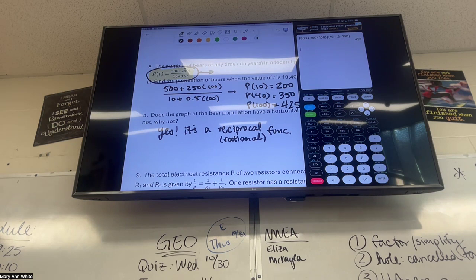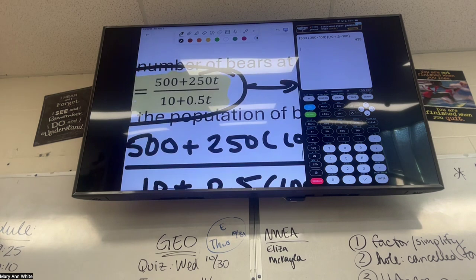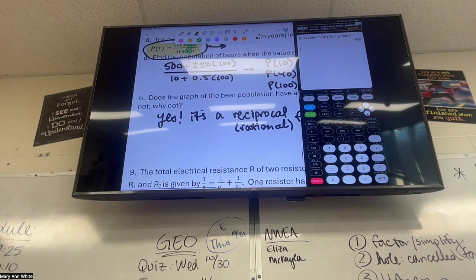So it does have a horizontal asymptote. How would I find the horizontal asymptote here? Look at my T's, good. Are my T's the same or is one bigger or smaller? The same, so then what do I look at? The leading coefficient, so it's 250 over 0.5. Can we figure out what that number is? Not 5.